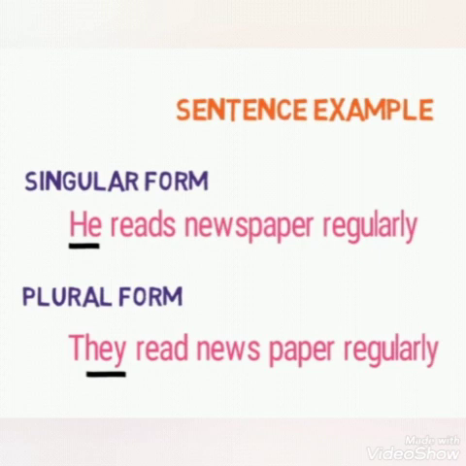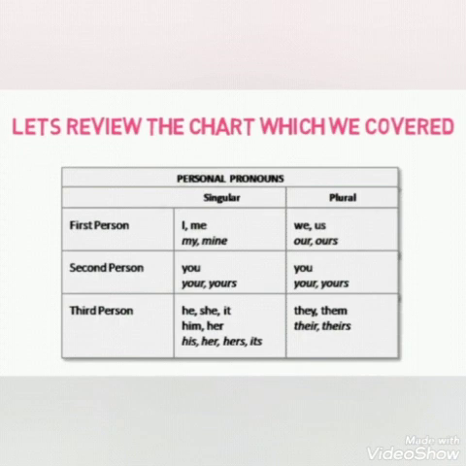Now let's review the chart which we covered. I, me, mine are used for singular form in the first person. We, us, our, ours are used for plural form in the first person.